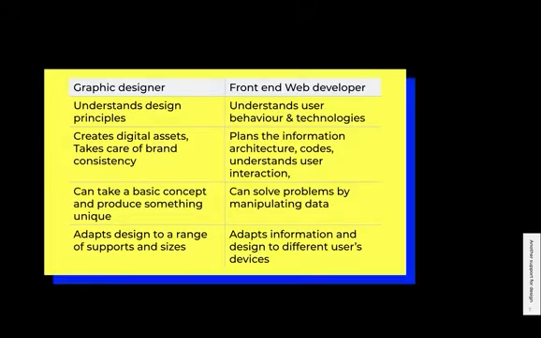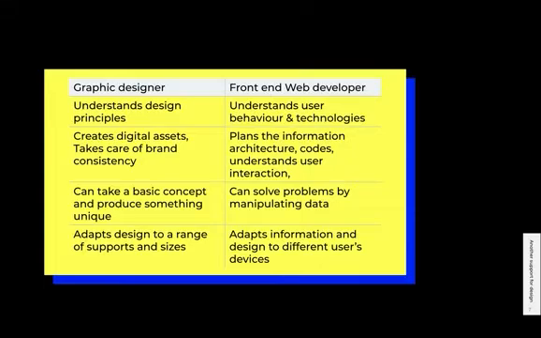On one hand, you get the graphic designer creating digital assets and watching consistency along different pieces, even including a web page. And then you get the developer going deeper into how that information will be displayed.